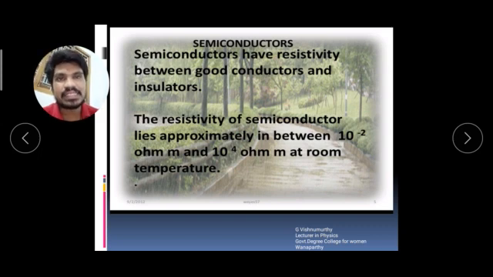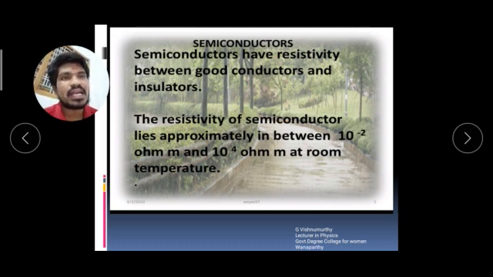All conductors have the most number of free electrons, that's why the current easily passes through the material. Those materials are called conductors. And the third and most important one is semiconductors. Their electrical properties lie between insulators and conductors.